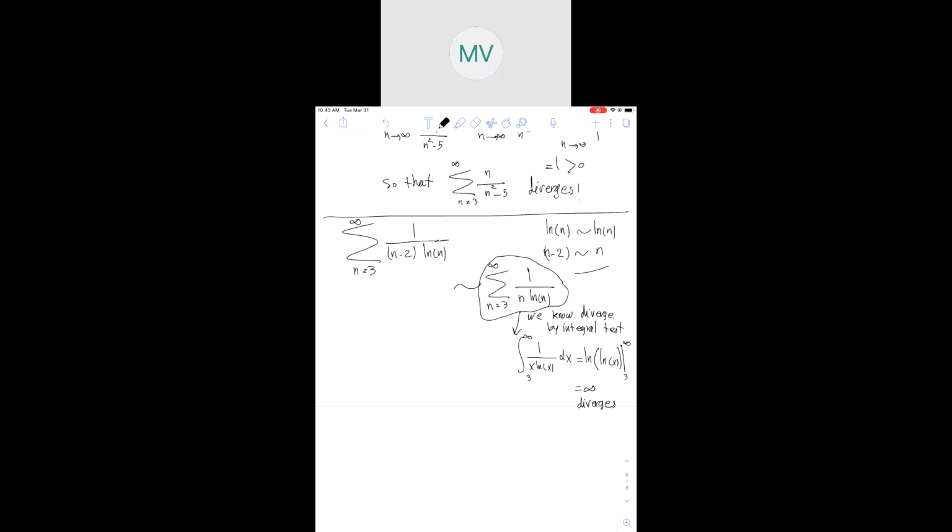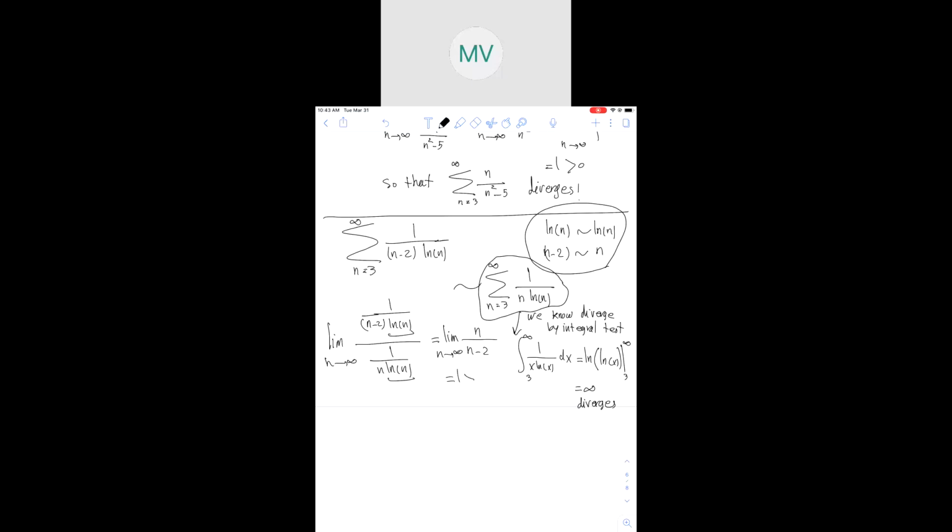And according to the argument we made here, it's comparable, right? All we have to do, let's go ahead and set up the limit comparison test. So the limit of 1 over n minus 2 natural log of n, over 1 over n natural log of n, as n approaches infinity. The natural log n part cancels out, right? So you're left with simply the limit of n over n minus 2 as n approaches infinity.